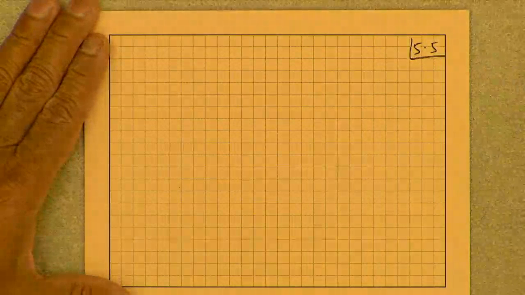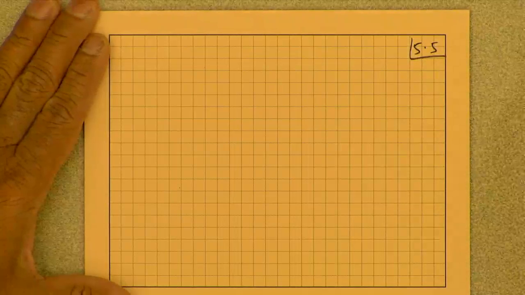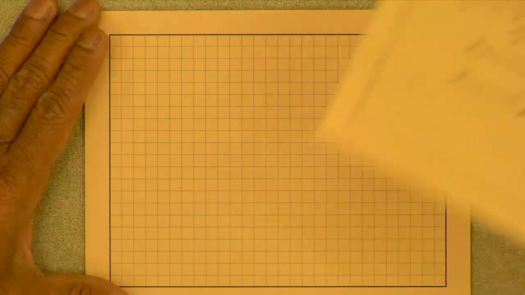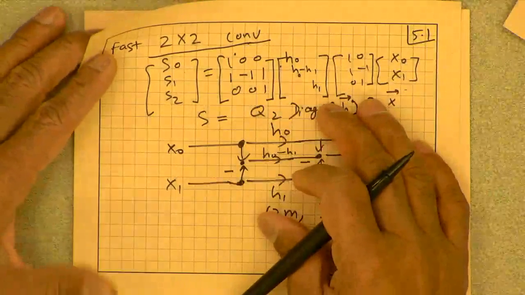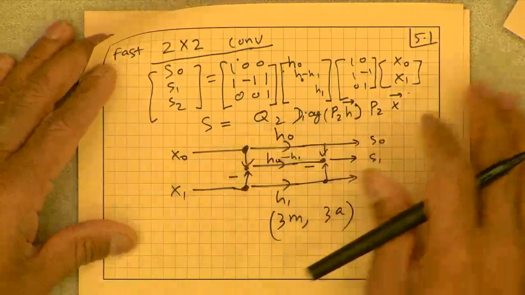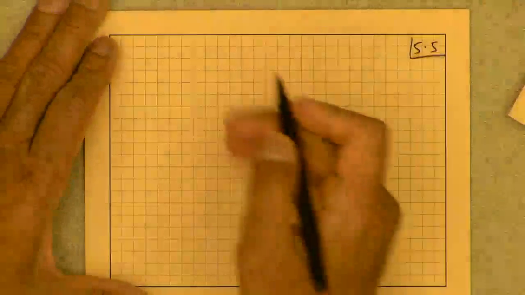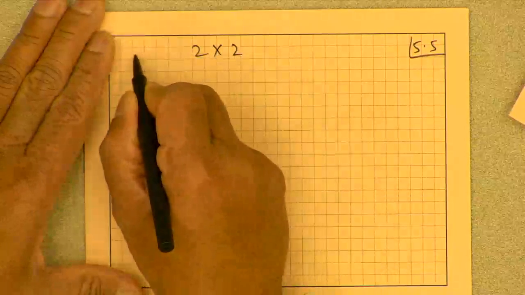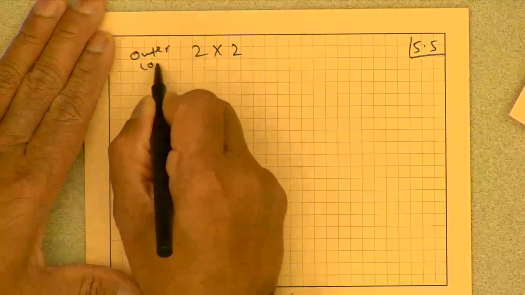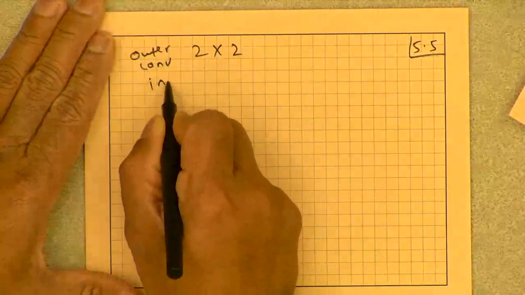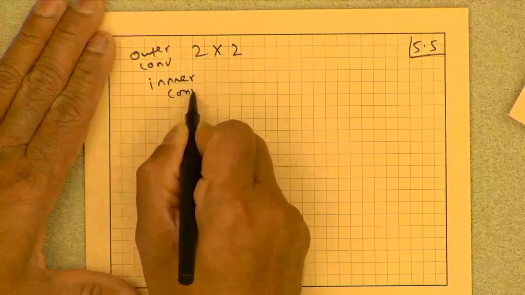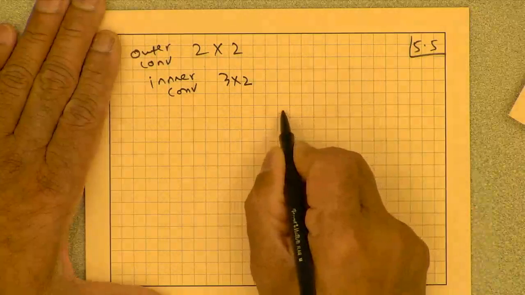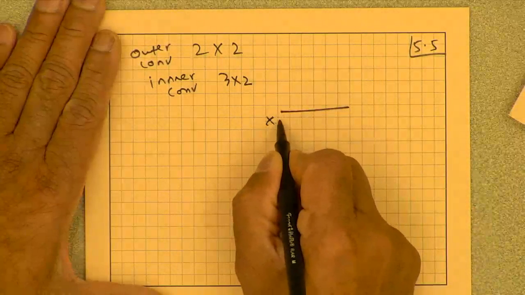Okay, so now this is my outer convolution. So outer convolution 2 by 2, inner convolution will be 3 by 2. Okay. So basically the outer will look like this, x0, x1.